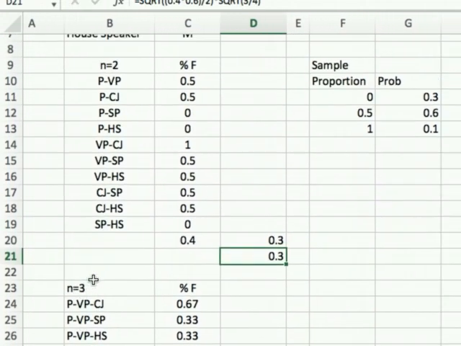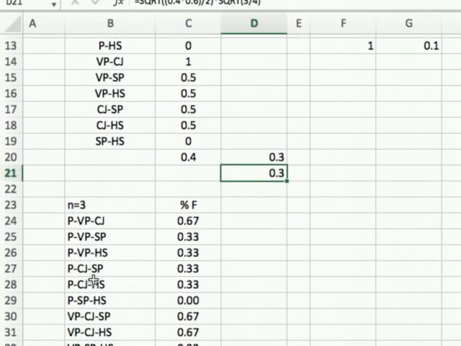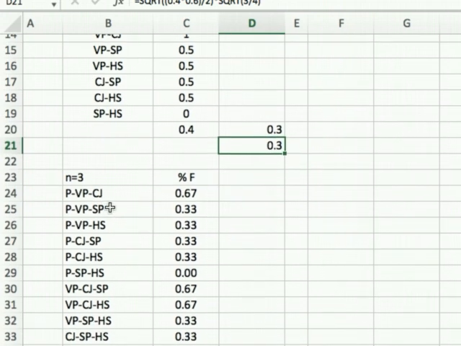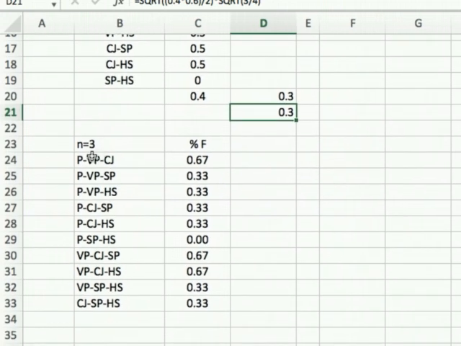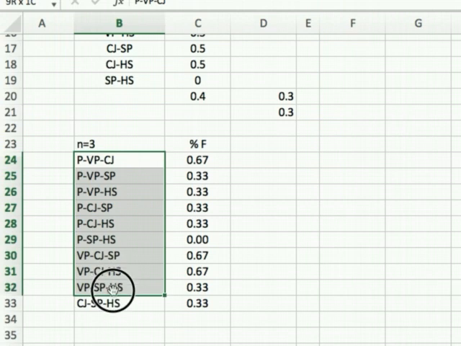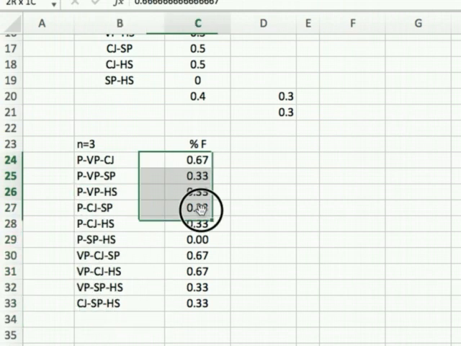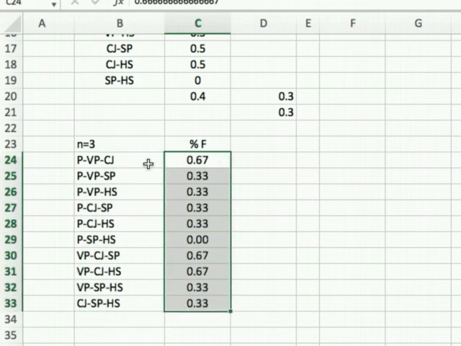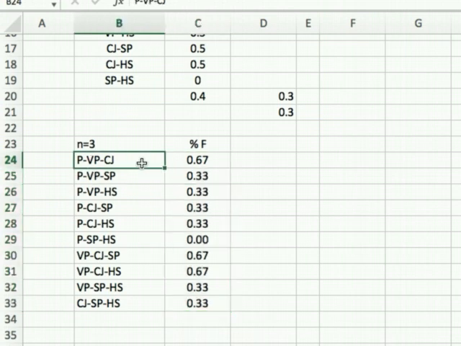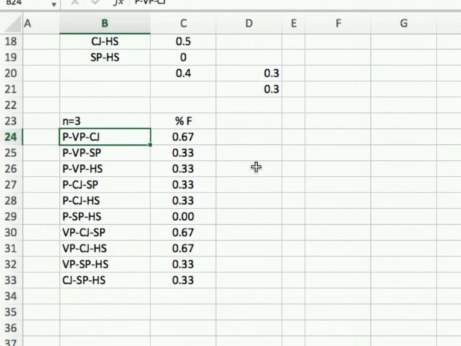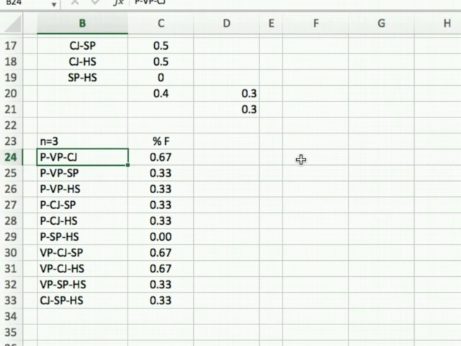Now we can also do that for a bigger sample size. Let's say your sample size is now 3. So if you randomly select 3 out of 5, these are all the possible combinations. And I also have here the respective sample proportions for each combination. So to construct the sampling distribution, again, just list down all the unique values. So we have here 0, 33%, and 0.67.